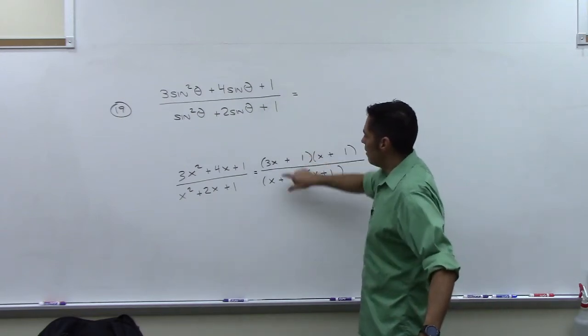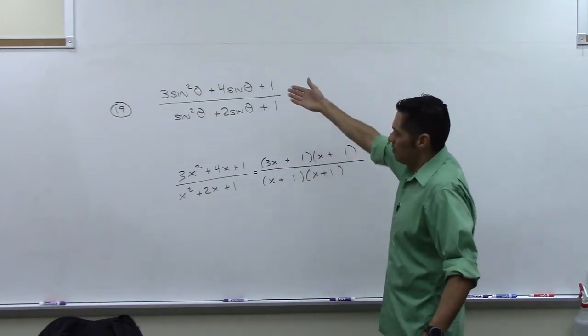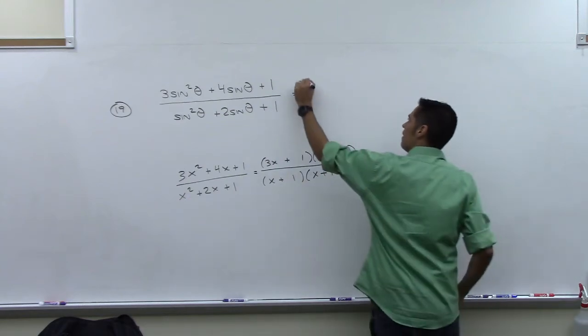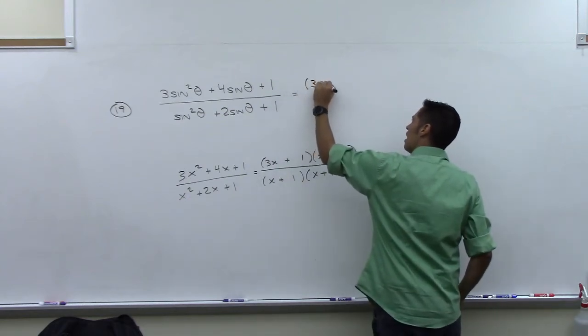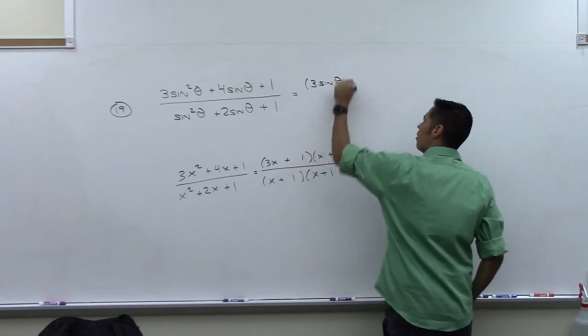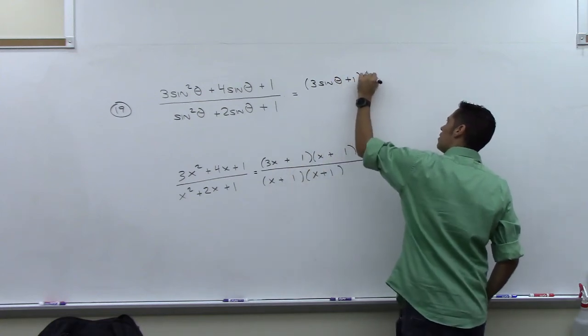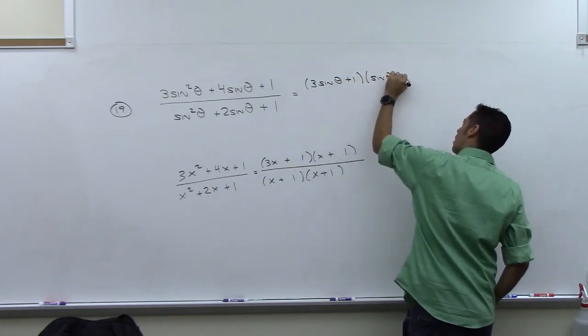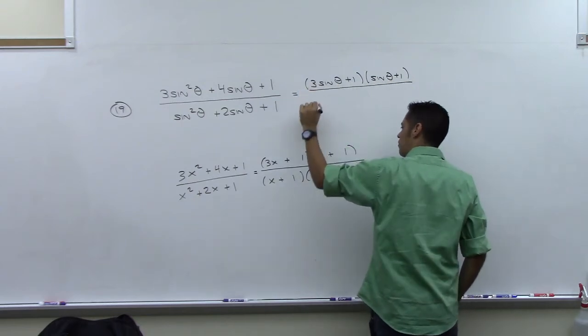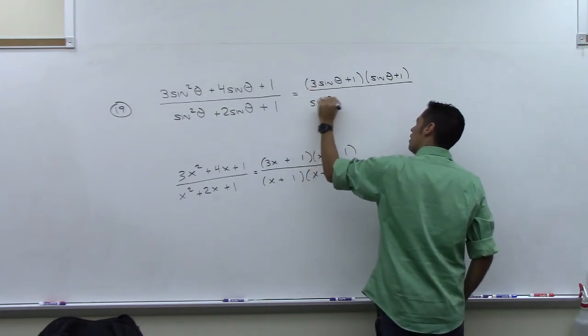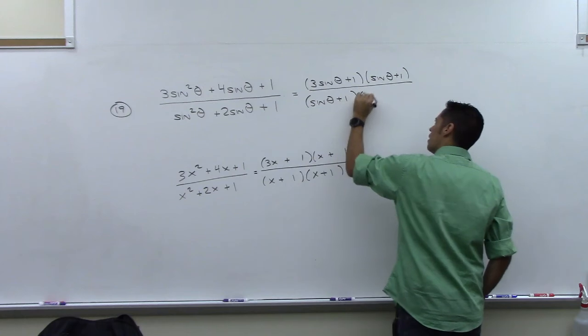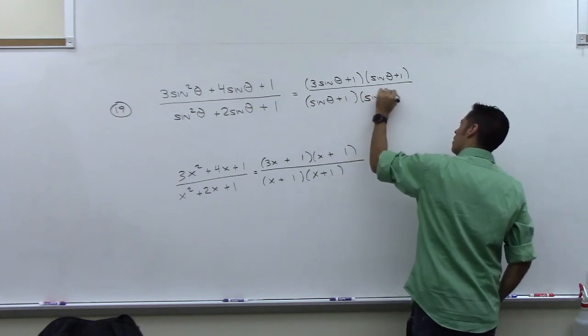Our problem is just like that, except instead of x, we have sine. So this should become 3 sine theta plus 1 times sine theta plus 1 over sine theta plus 1 times sine theta plus 1.